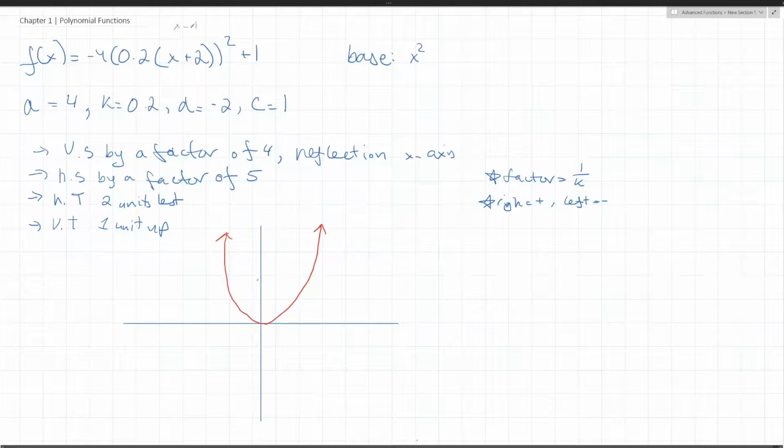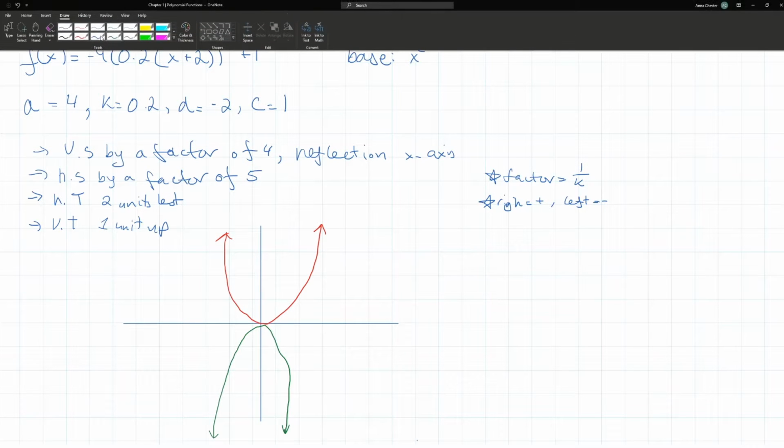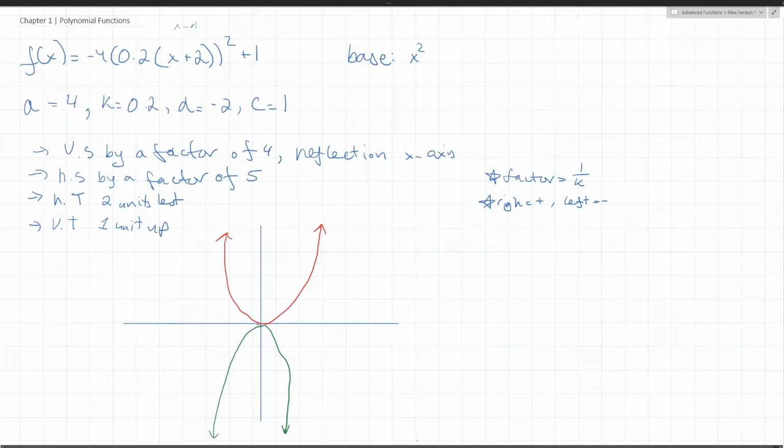With the transformations we just learned, we first apply the a and k factors. So it was stretched by a factor of 4 and reflected in the x-axis. So it became skinnier since it was stretched. This is the first transformation. Then it was horizontally stretched by a factor of 5, so it now becomes something like this.